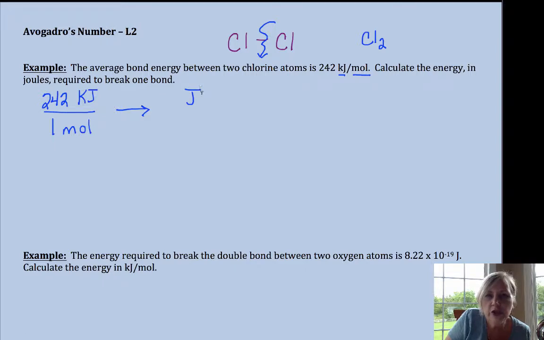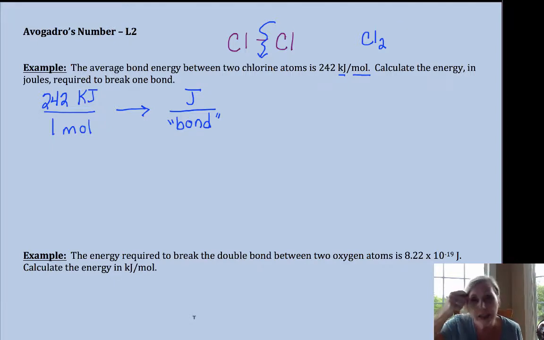And I'm going to need to convert the numerator so that it's in joules and the denominator so that it's in bonds or per 1 bond. Usually that wouldn't be recorded as per 1 bond, but I want to show you this setup so you can see how that's actually implied when you see those values.